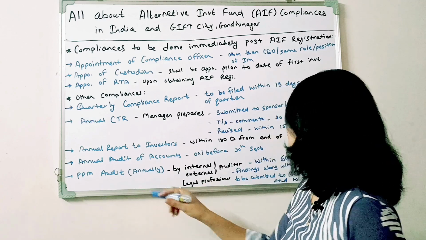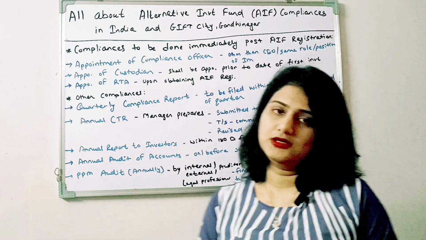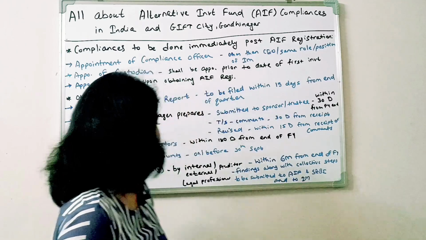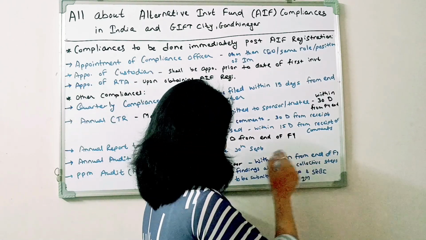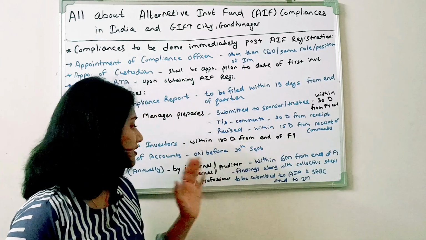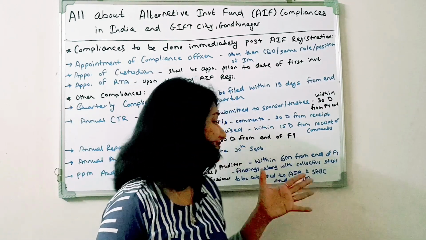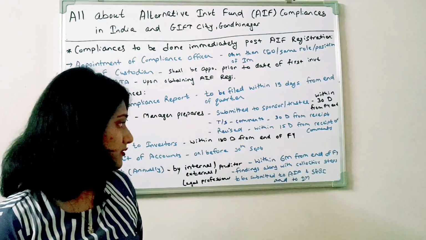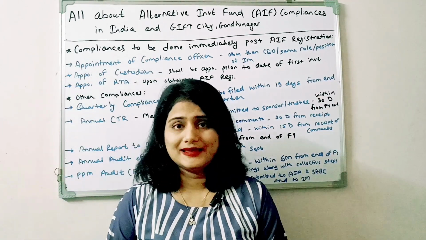Okay, the PPM compliances can be audited by the internal auditor, or say an external auditor, or by any legal professional. Okay. So the timeline is within 6 months from the end of the financial year, and this PPM audit gives the findings along with the corrective steps, if any, and it should be submitted to the AIF.